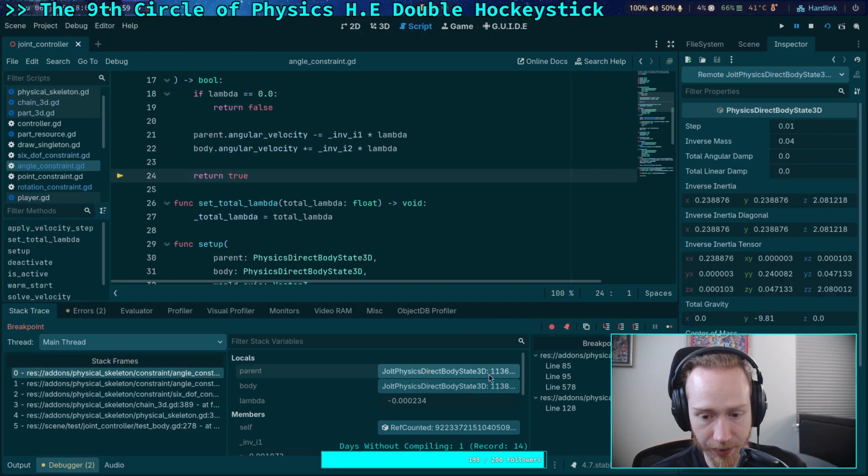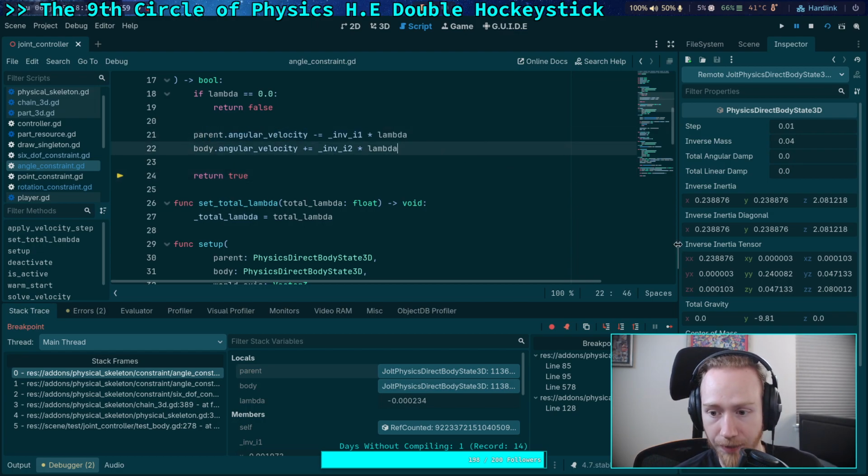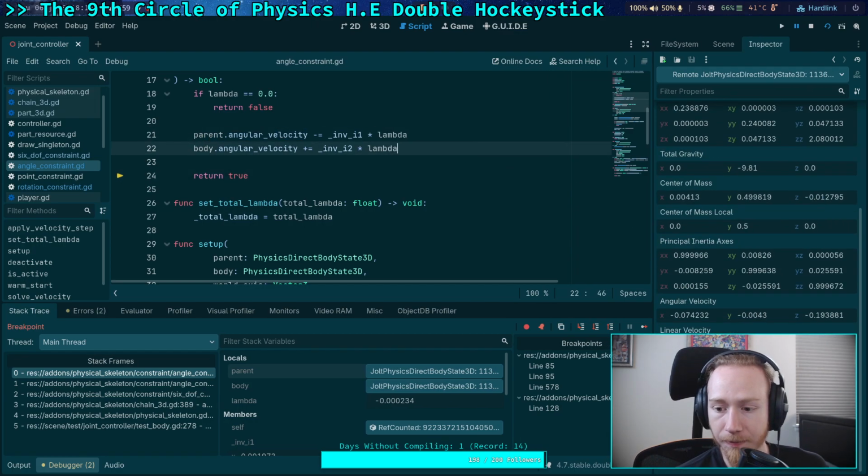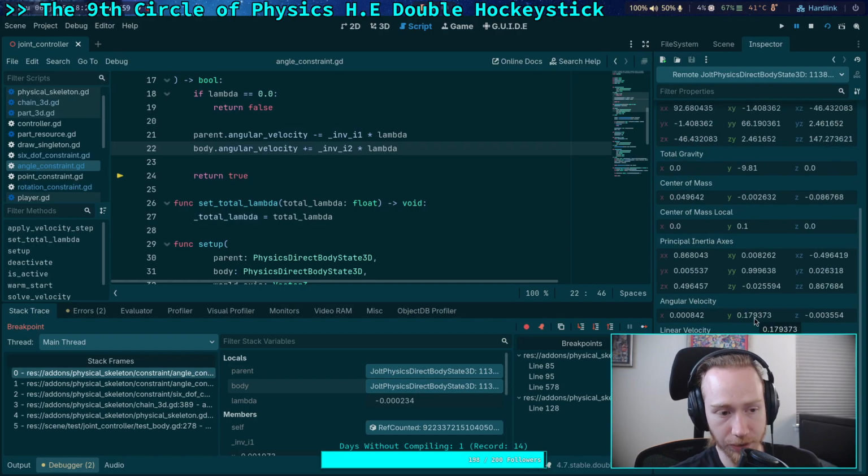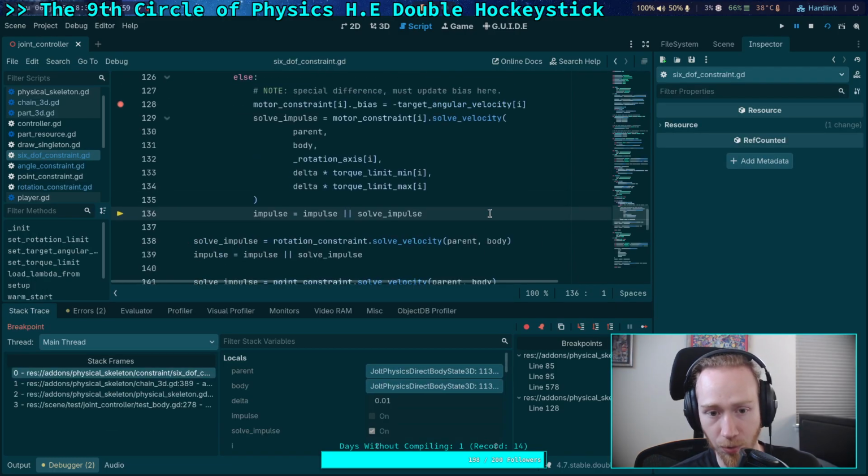So the math here is like, I mean, this part is correct, but the lambda calculation is definitely wrong. You see angular velocity, yeah. So that one didn't change. This one, actually, that looks correct. That's what that should have done. So that's right. So then where does it go wrong?